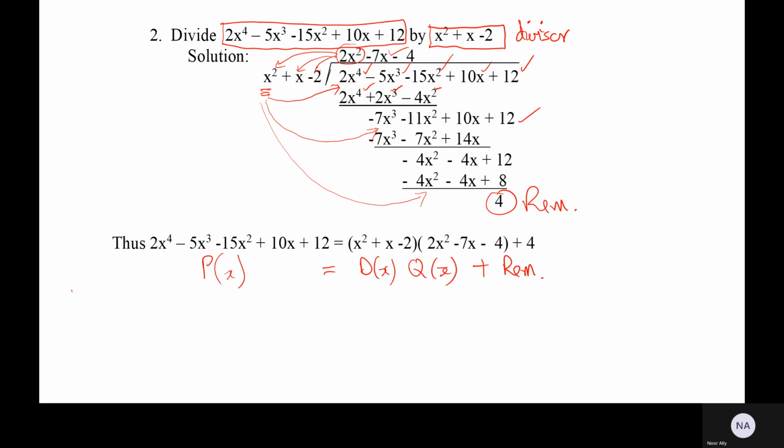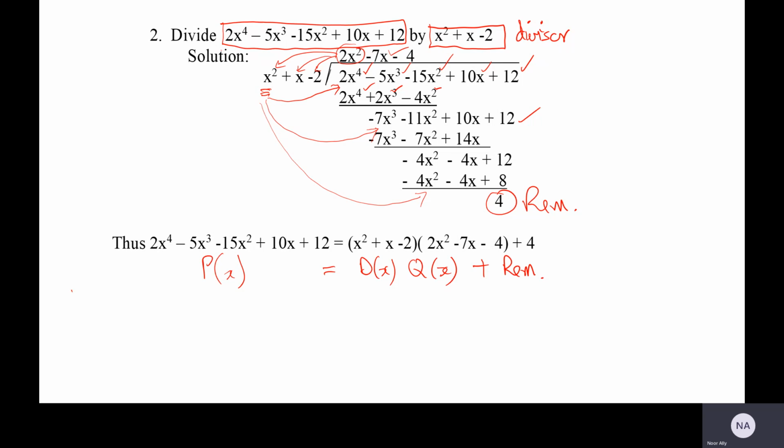Now, just for your info, how is this going to be displayed or asked? How do you go about asking questions of this nature in tests or examinations?